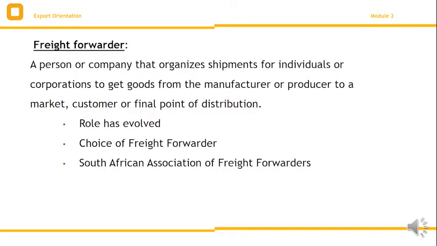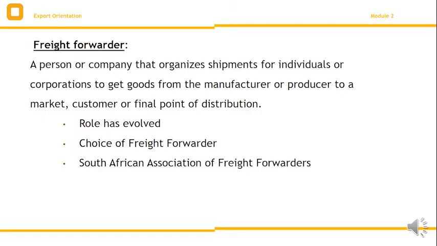So they would facilitate activities between the importer, the exporter, carriers, port authorities, customs officials, and so forth. The freight forwarder's function has been to handle the logistics chain, with focus being on finding the most cost-effective way of moving a consignment of goods to its place of destination in the shortest possible time.